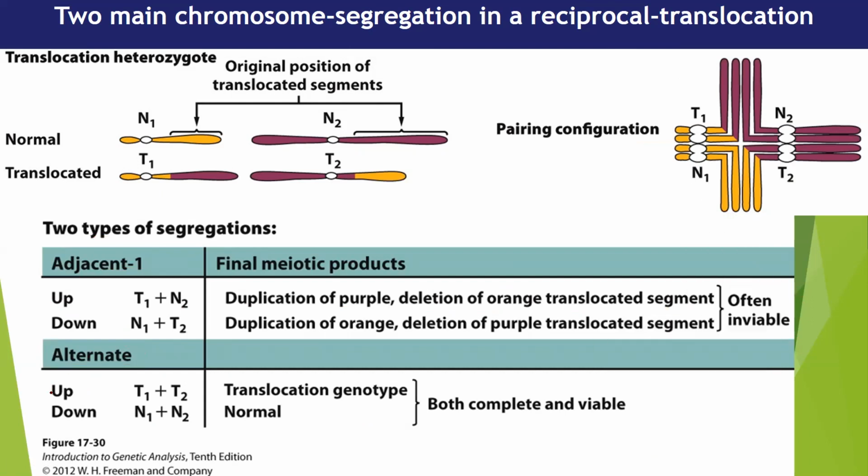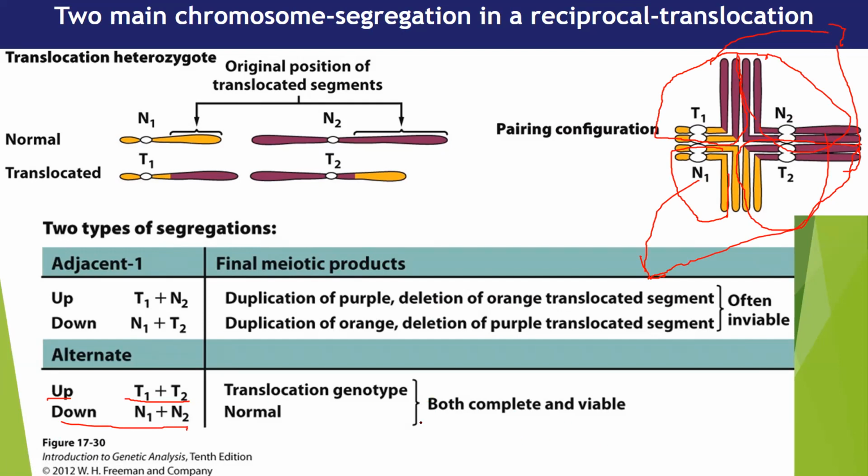Only if what is going up, the T1 and T2, the two translocation chromosomes, come together, and the normal 2 and normal 1 come together to form a gamete, then those are balanced gametes. In both situations the gametes will be complete and balanced, so they are viable. I hope this is clear and it makes sense to everyone.